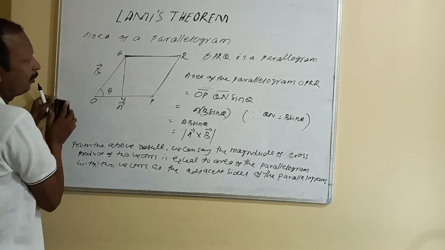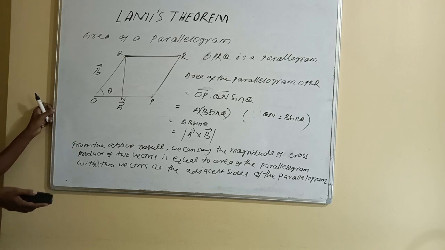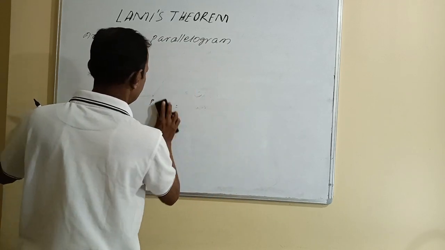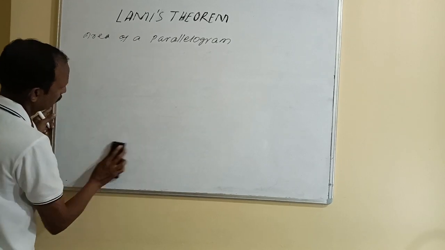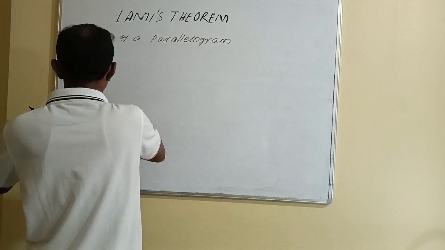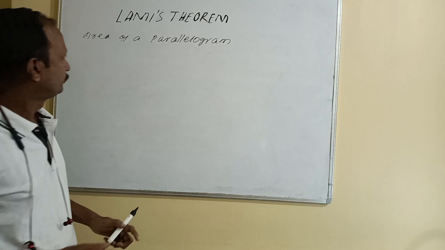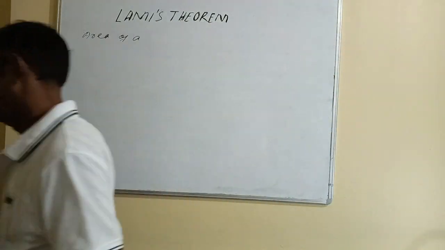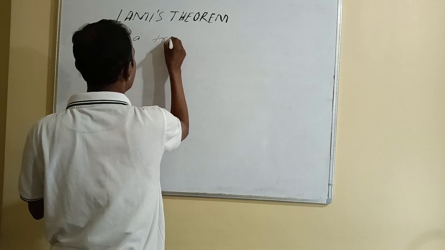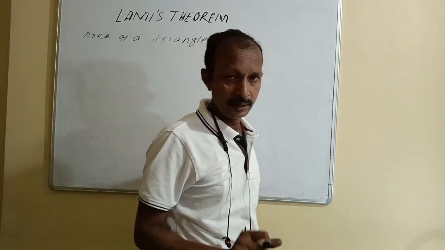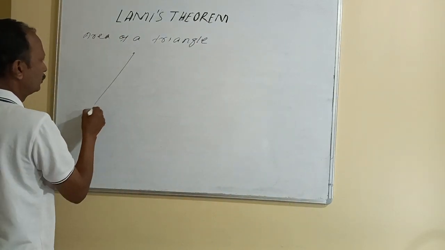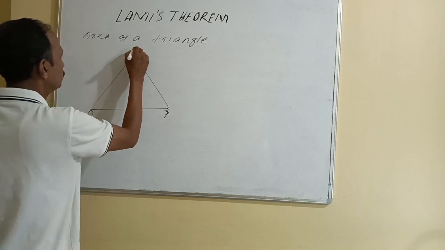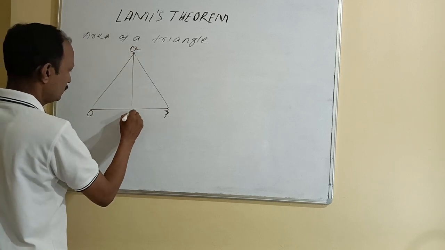One more concept we see is the area of a triangle. Now, O P Q. This is the QN.